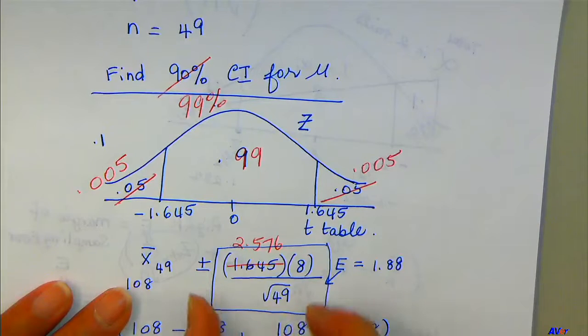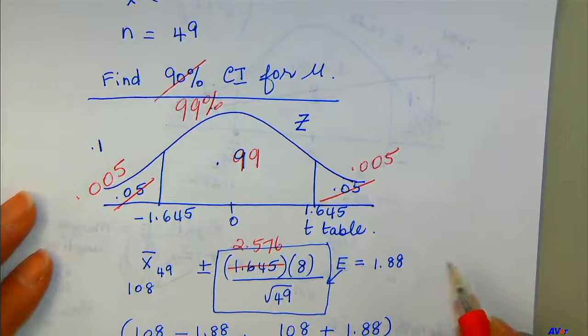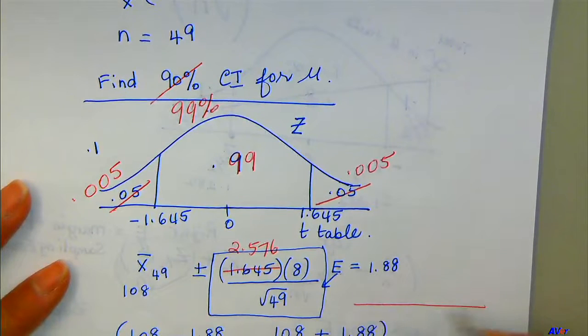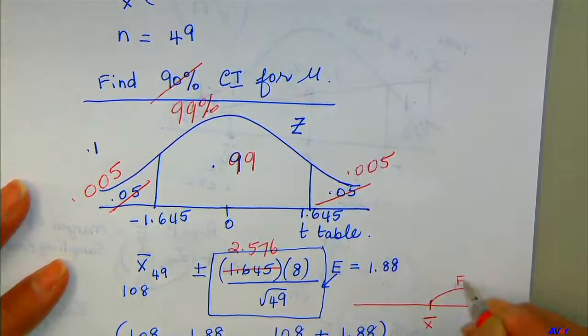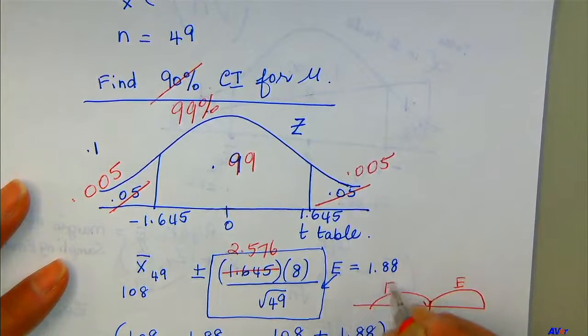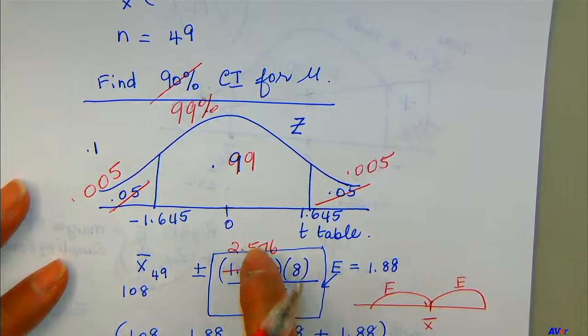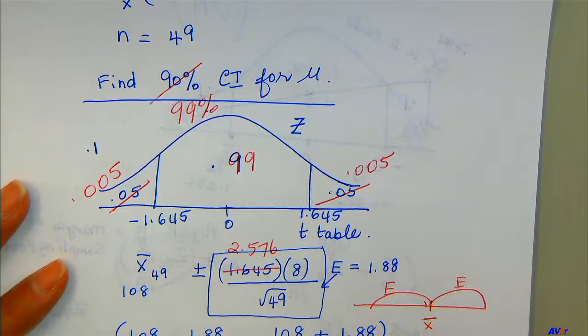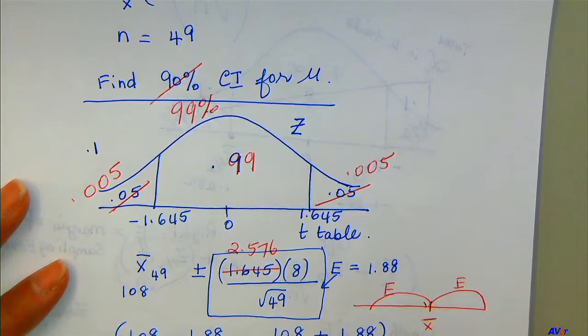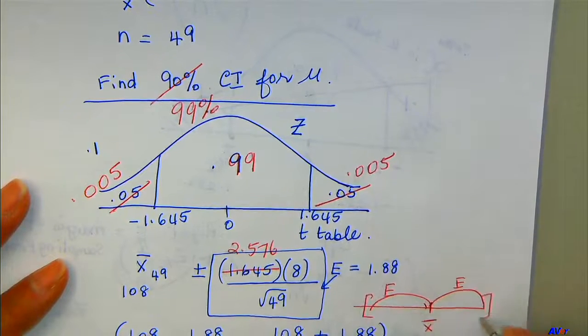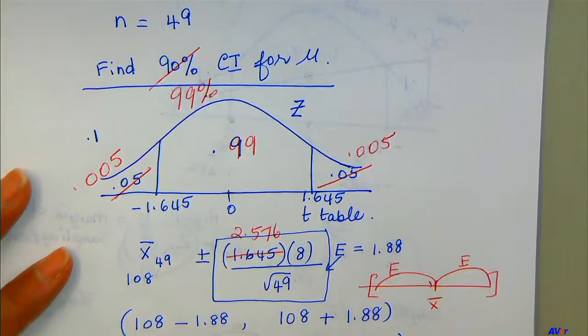So E will get bigger, and if E gets bigger, the whole confidence interval gets wider, because how does the confidence interval get created? You start at x bar and you go E this way and E that way. So if the E gets bigger, because this was replaced by 2.576 instead of 1.645, then the interval gets wider. So you will have a wider interval than this.